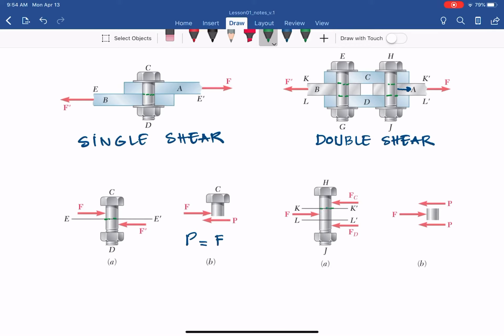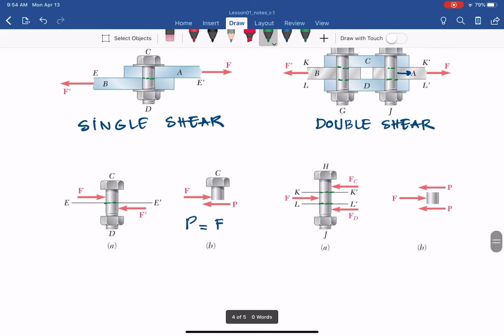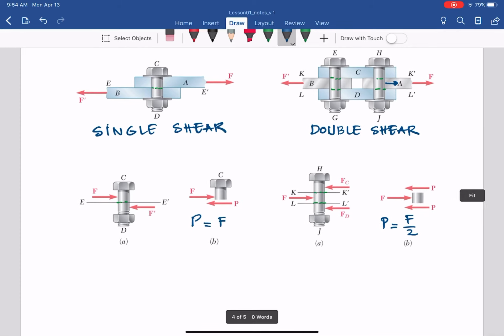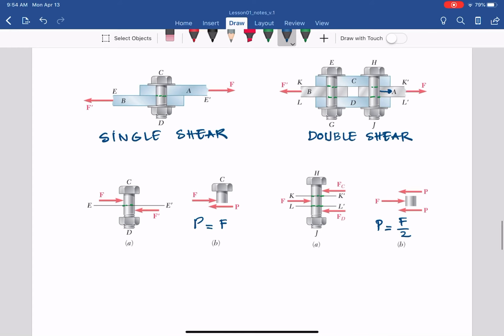That creates two shear forces, and because it's symmetrical, they should be the same, P and P, on those two cut areas. With the equilibrium equation, if we sum up all the forces in the very bottom right of that free body diagram, you will have P in the X direction equal to F over 2. And that's the difference between the double shear and single shear.